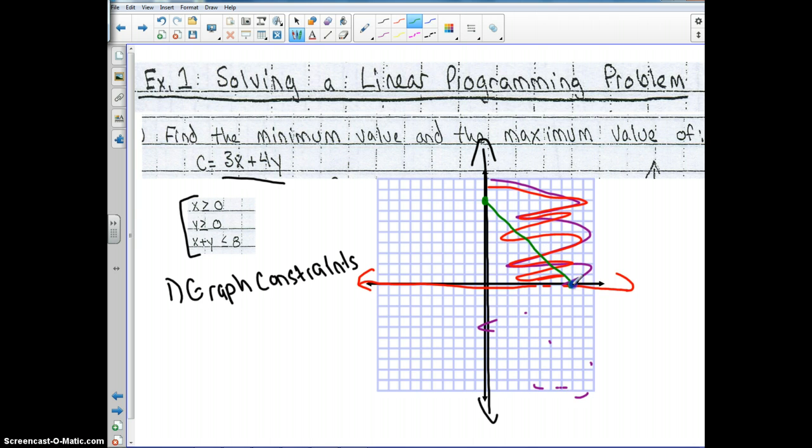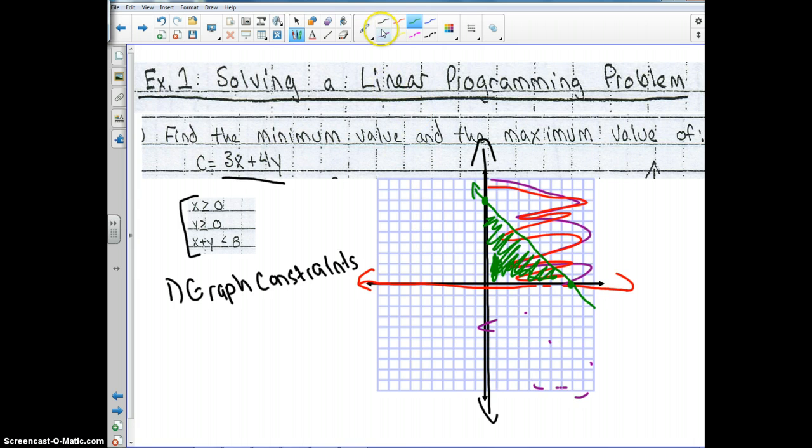This is what your line is going to look like. If I plug the point 0, 0 into this inequality, is 0 smaller than 8? Yes. So my solution area is actually this triangle right here.